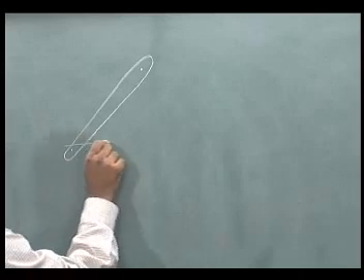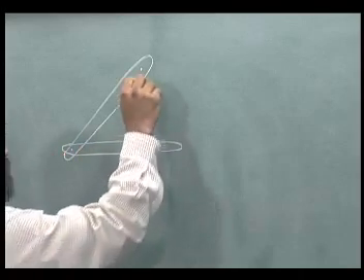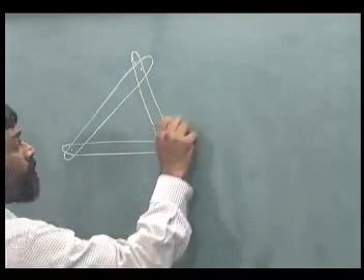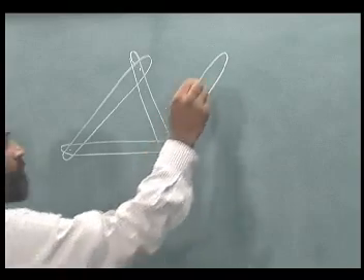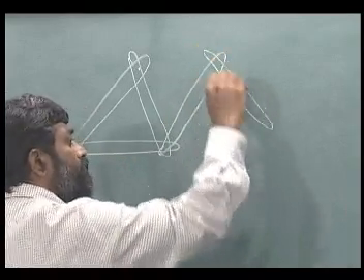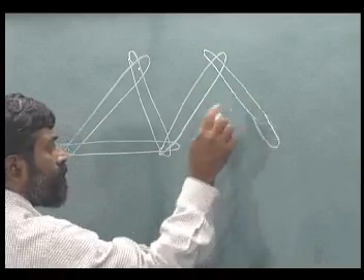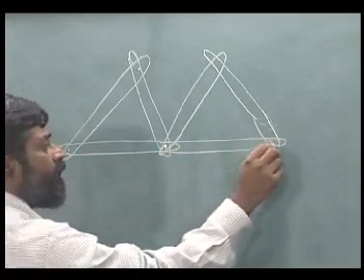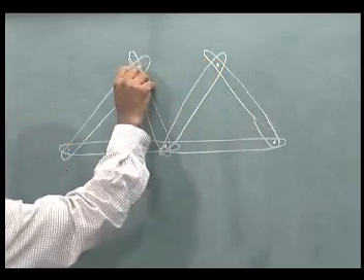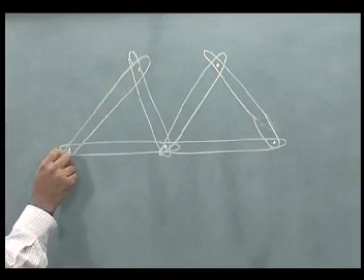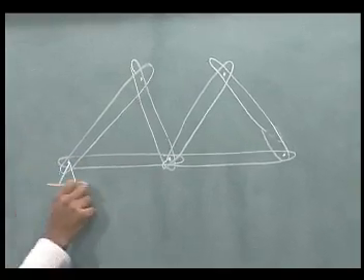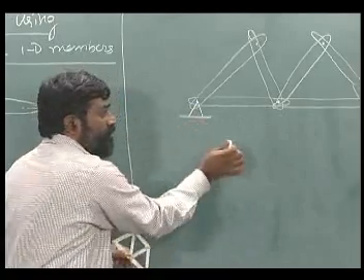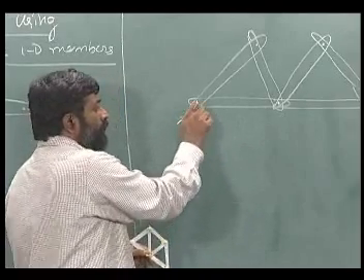If you do not mind my drawing in a rough way, these are pinned together at these points, and let us say I have to now fix it to a fixed frame. So I will fix it on this board at one point here.